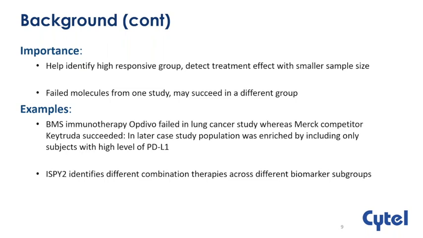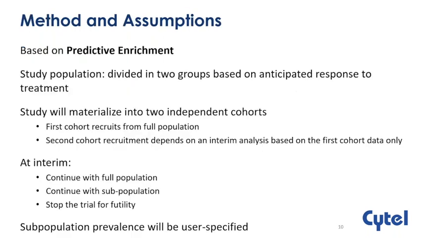And this becomes more appealing because you might have failed molecules from one study that may succeed on a different group. And there are several examples of this that have been shown in the literature in the past. The example of Opdivo and Keytruda is one of them, as well as the famous I-SPY 2 study, where different combination therapies were identified across different biomarker subgroups.